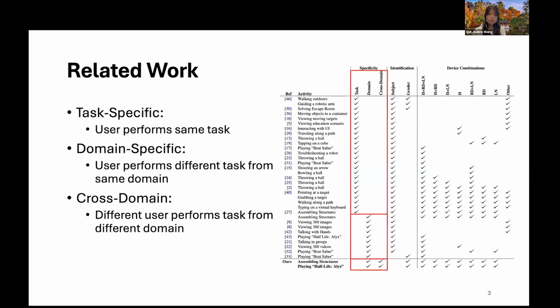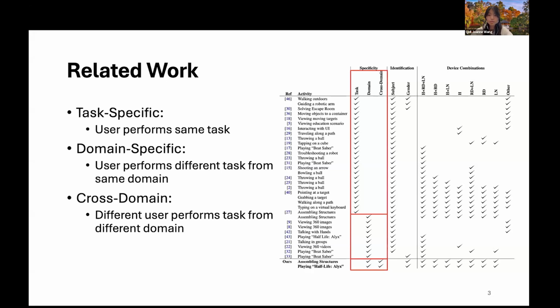Now, for a quick overview of our related work, we see here that many researchers have investigated task-specific machine learning experiments, and this is when models are trained and tested on users performing the same task in the same domain. Many have also investigated domain-specific experiments in which models are trained and tested on different tasks from the same domain.